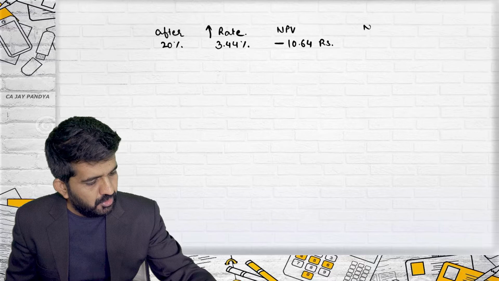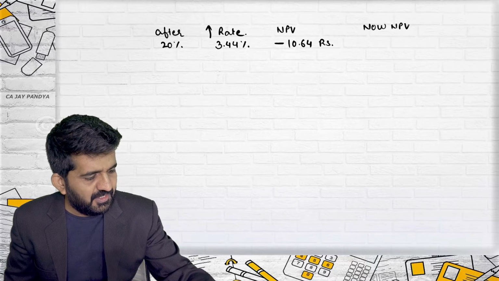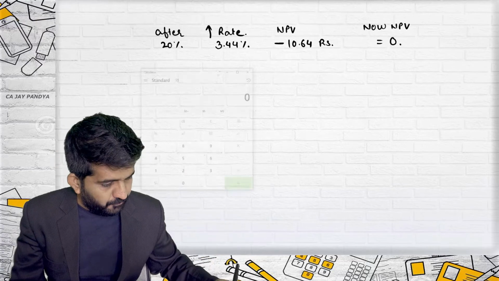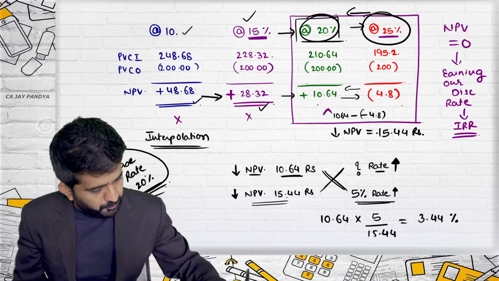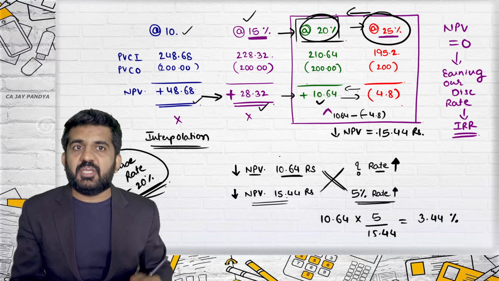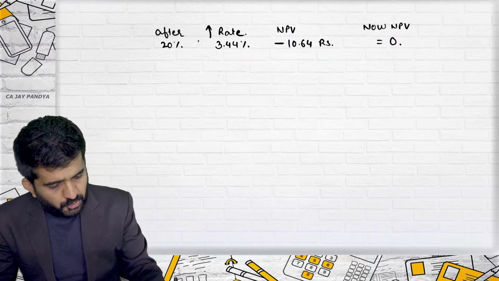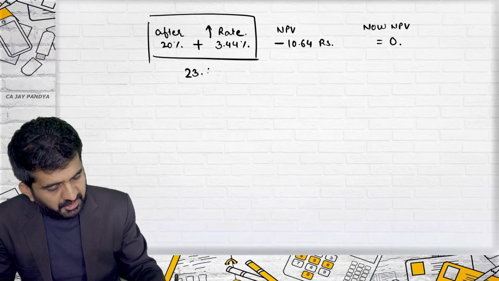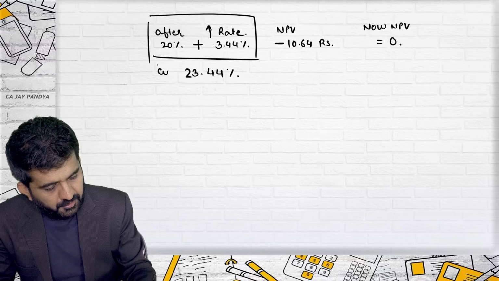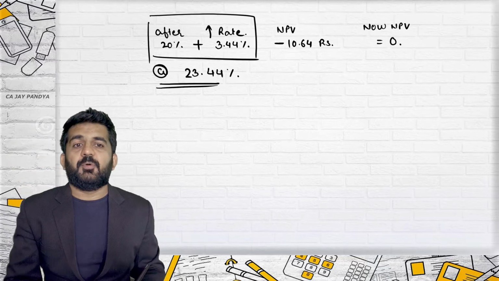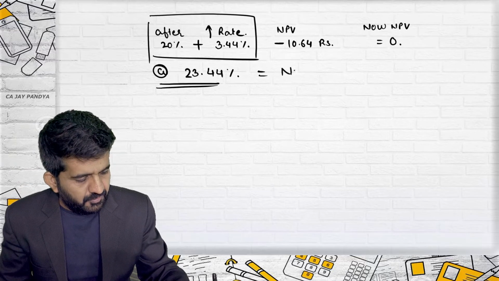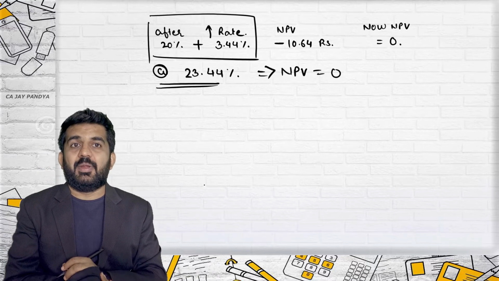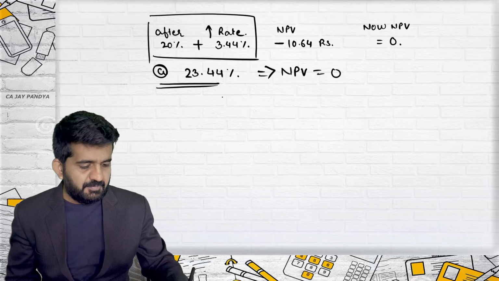And so now your NPV will become 0 because it was positive 10.64 at 20%, which you have taken as base. So what I should do? 23.44. At the rate of 23.44%, your NPV will be 0.